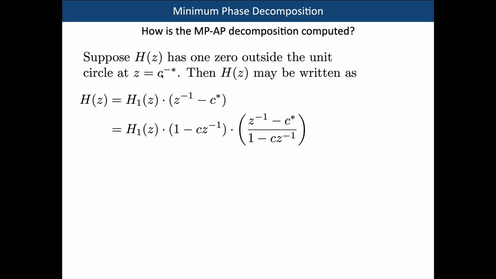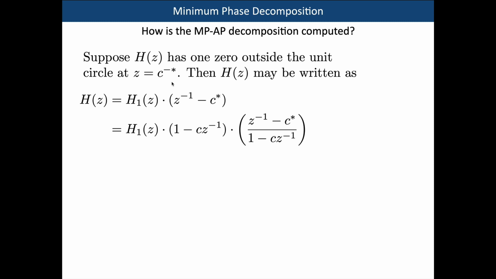To think about this, let's suppose that our transfer function H(z), which we'll assume is known, has one zero outside the unit circle at a location z = 1/c*, that is, c inverse conjugate. So what we're doing is we're going to figure out, how do I compensate for one zero outside the unit circle?